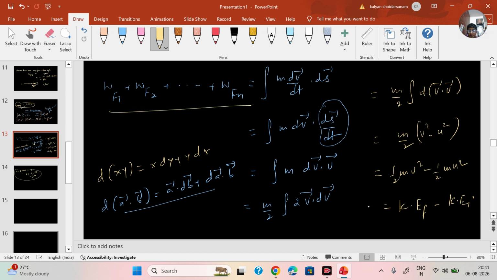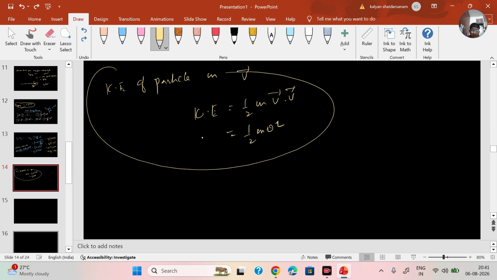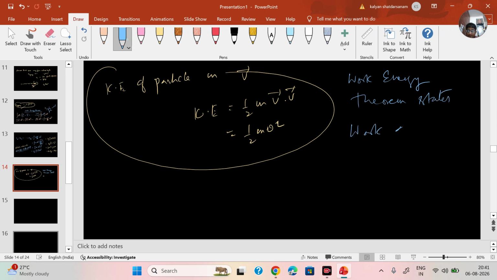Work done by all forces is change in kinetic energy. This is called the work energy theorem. So I'll write here, work energy theorem states: work done by all forces is equal to change in kinetic energy.